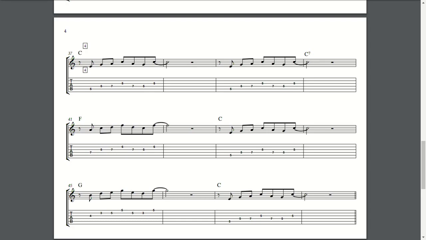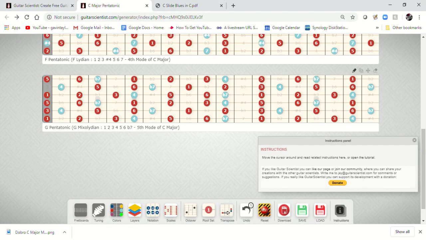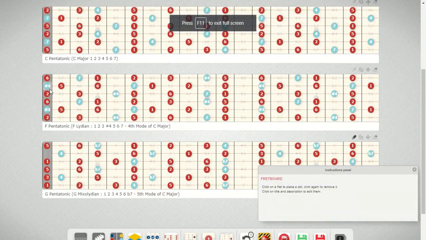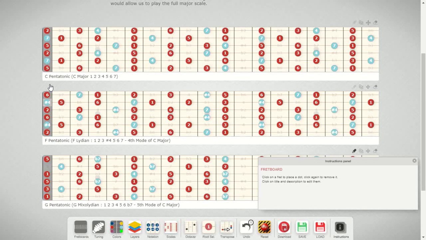Okay, in case there's any ambiguity about that, I'll just refresh our minds with these diagrams. Okay, so you can see the 1, 3, 5 for each chord.